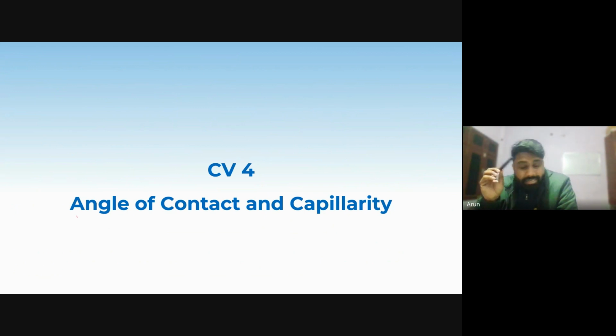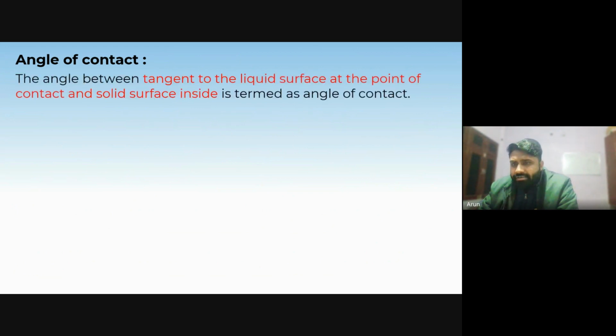The angle of contact is explained by the concept of adhesive and cohesive forces. So just recall the concept of adhesive and cohesive forces, then we will build on it. Now the angle of contact, by definition, is the angle made by the tangent that we draw.